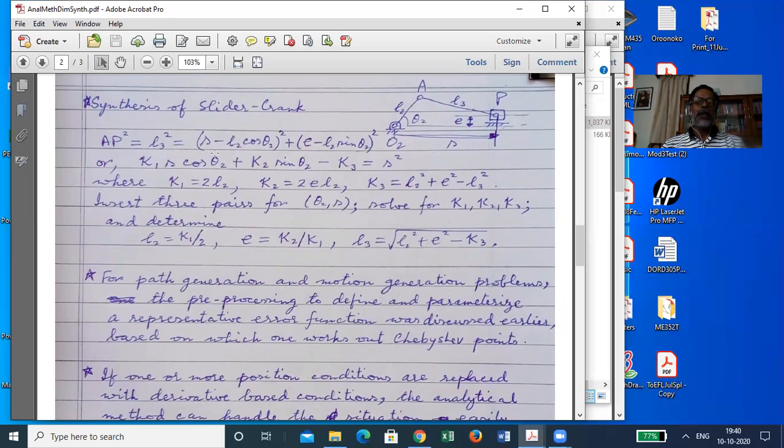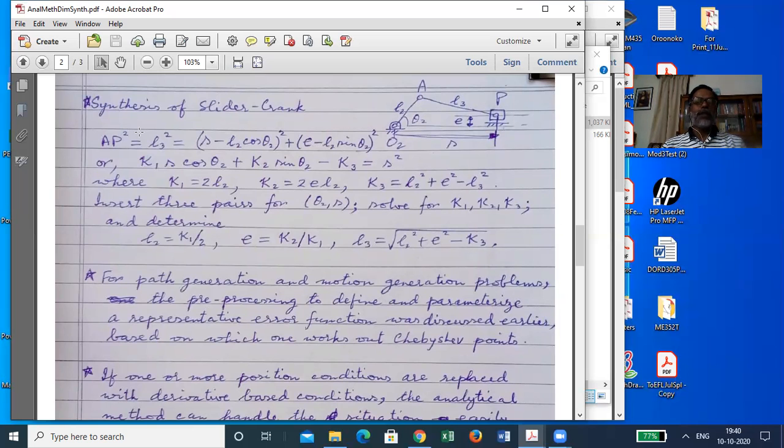But anyway, by simplification, organization, you can put it in this manner. K1 S cos theta 2, which will come from the 2AB term of this square, where K1 will be twice L2. Understand that this term actually has been thrown on the other side. And then the sin theta 2 term will come from here, 2EL2 negative.